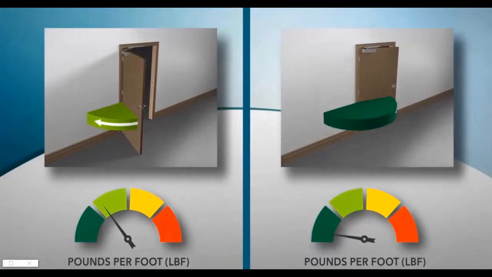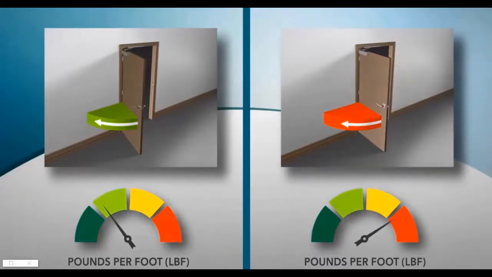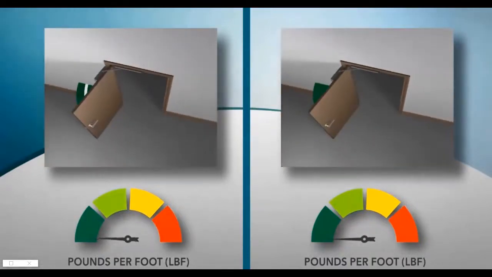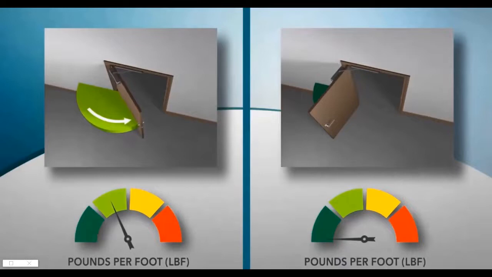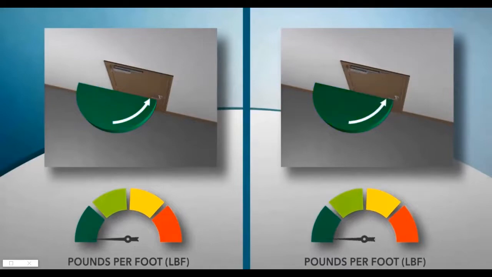On doors using a rack and pinion closer with a track, the effort required to open the door rises exponentially as the door is opened. There's also a difference in how each door will close. The cam action closer applies a consistent amount of force across the entire closing range, and the closing force actually rises at the last moment, right when the door needs extra force to set the latch. The force of a rack and pinion closer with track decreases as the door closes, providing the least amount of force at latch.